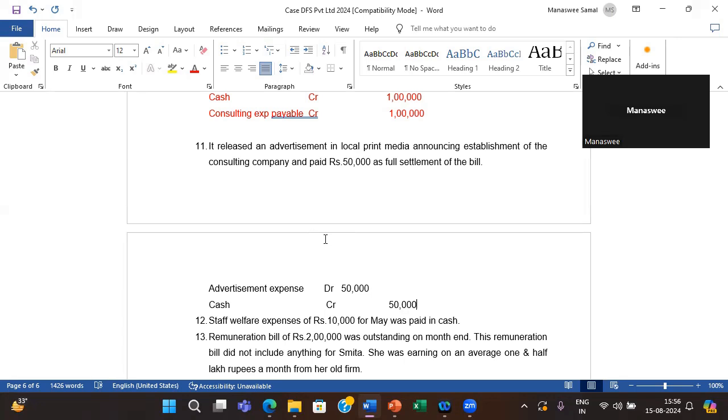Therefore, commerce students have to understand one thing, that the general concept of deferred revenue expense is a revenue expense. It's a recurring, a regular expense item. Engineers, please understand that expense can be of two types. One is called capital expenditure, the other is called revenue expense.